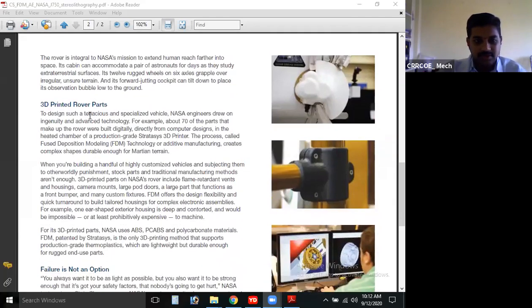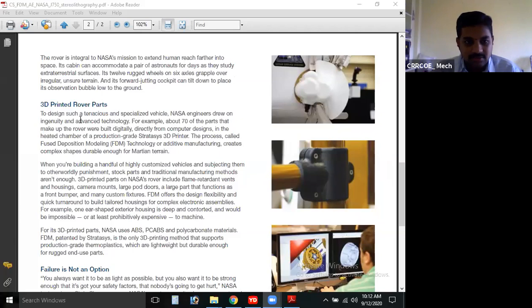3D printed rover parts to design a tenacious and specialized vehicle. NASA engineers draw on integrity and advanced technology. For example, 70 of the parts which make up the rover were built digitally. Here they need customized components or parts.